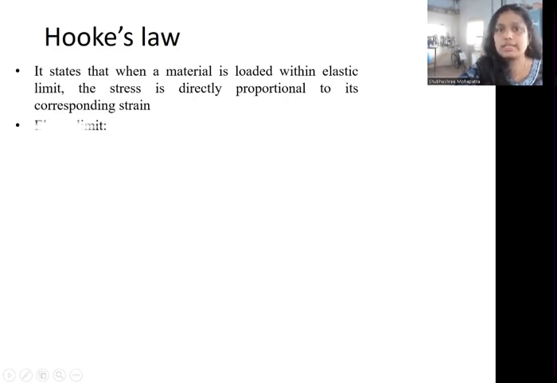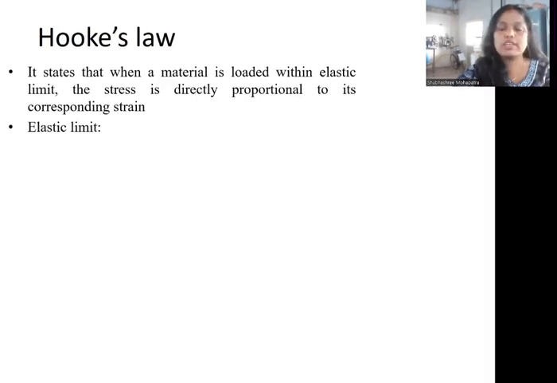To know the elastic limit, we have to know what elasticity is. As we know, if a bar is loaded, deformation occurs. When we remove that load, if that deformation reverts back, or if that bar regains its original shape and size, this property is known as the elastic property.